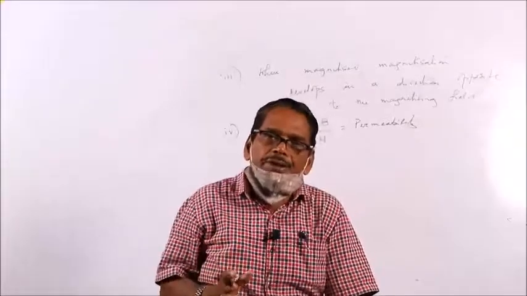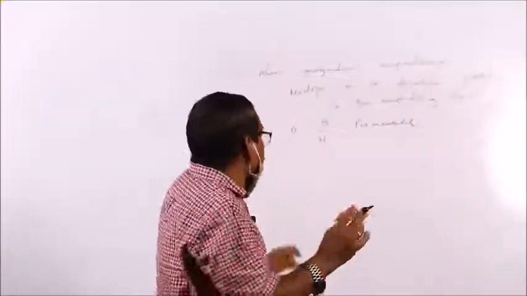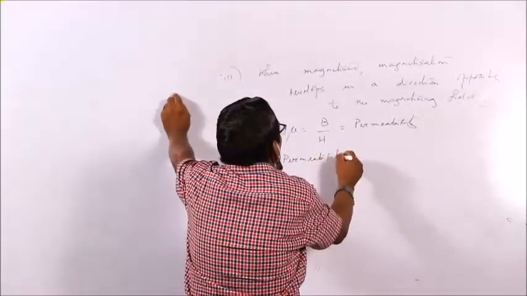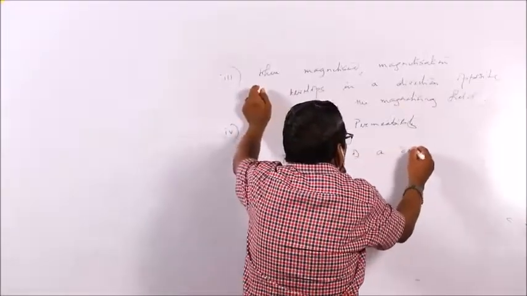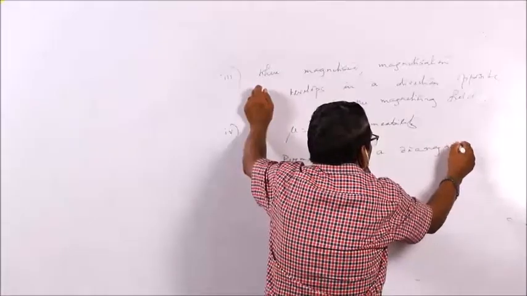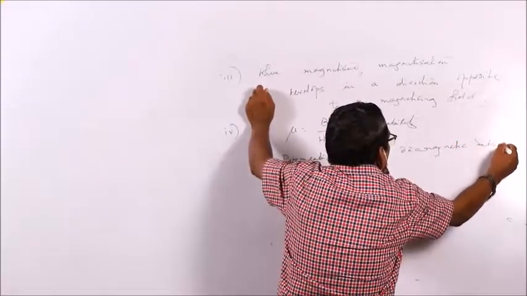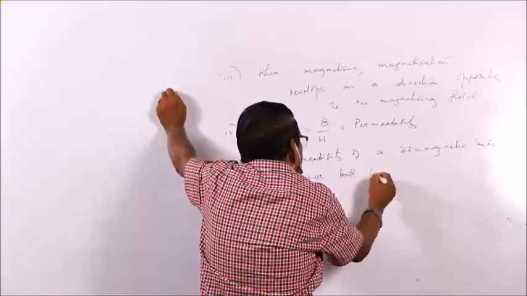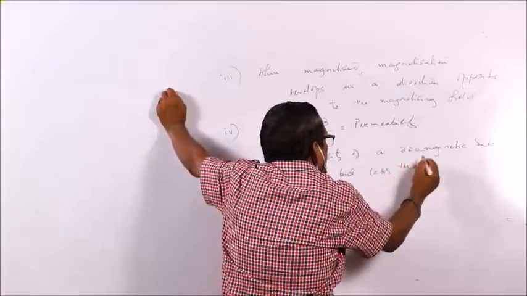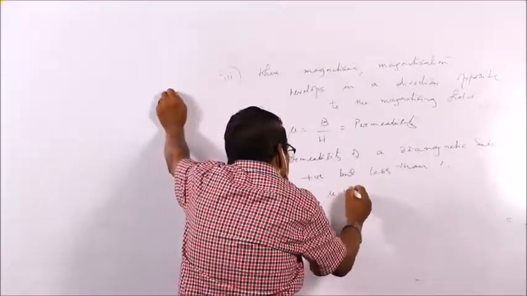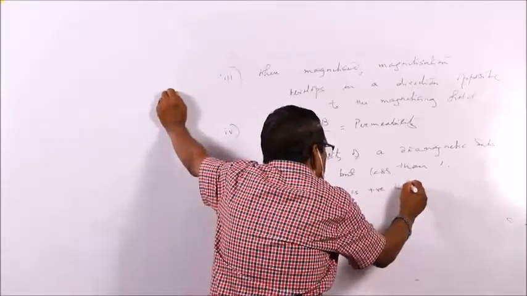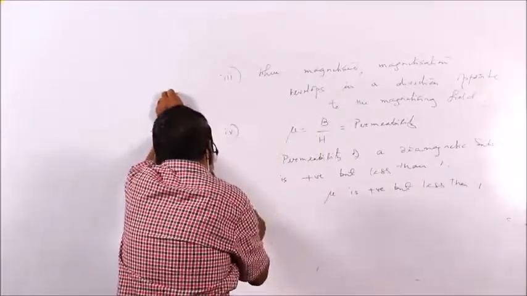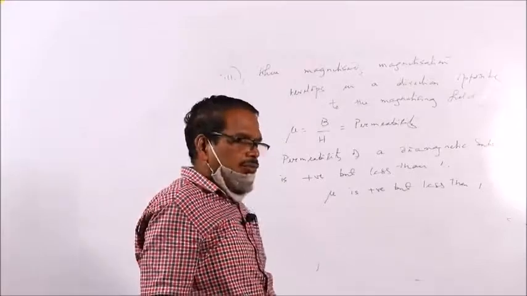Permeability of a diamagnetic substance is positive but less than 1. Mu is positive but less than 1. Remember this, less than 1.